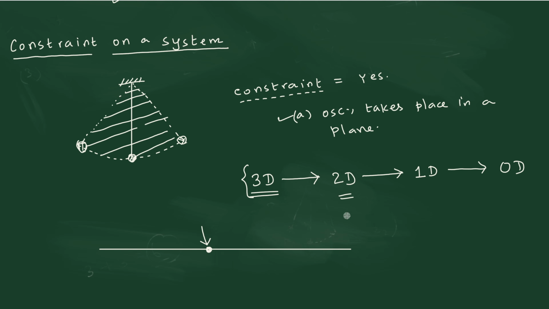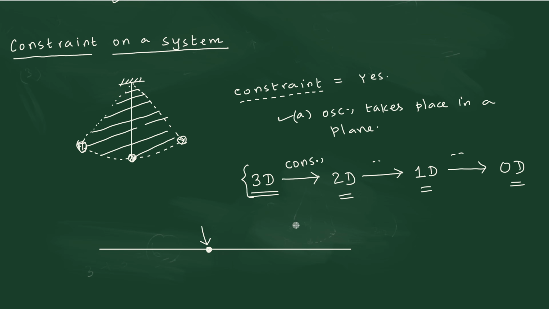Solving a two-dimensional problem, yes, the difficulty has come down a little bit. Solving a one-dimensional problem is easy, and there is nothing to do in solving the zero-dimensional problem. Which means that in every arrow that I am going to put here, there is a restriction. So this is what we mean to say, some constraint is written here. And similarly, here also additional constraint, here also additional constraint.